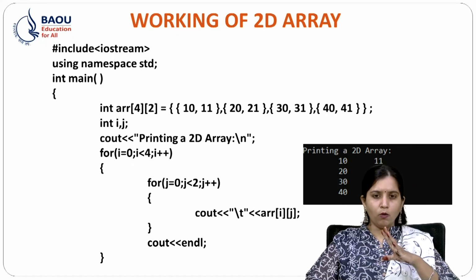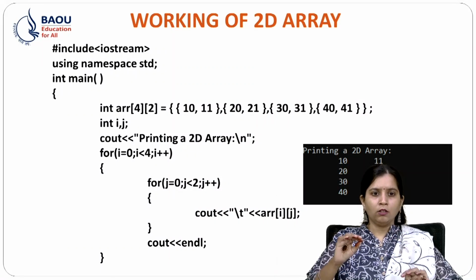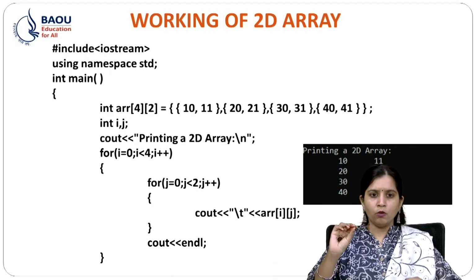In the above image you have seen that we have 4 rows and 2 columns. In that we have elements 10, 11, 20, 21, 30, 31, 40, 41. In the first row and column, it always starts with 0 index.